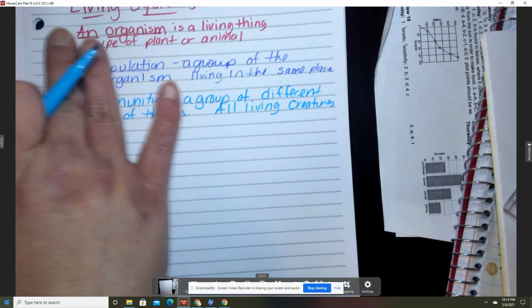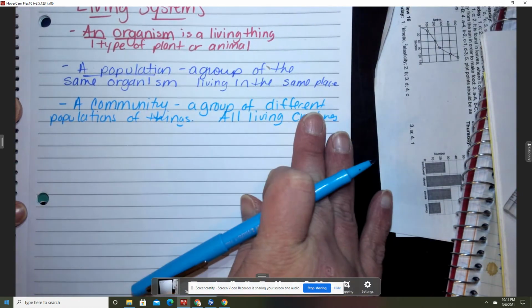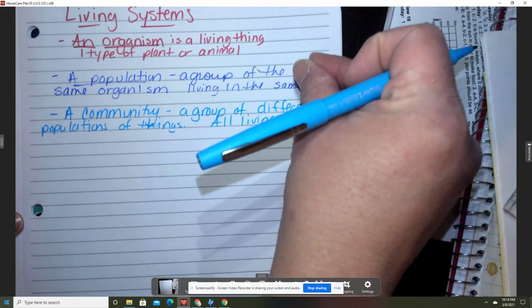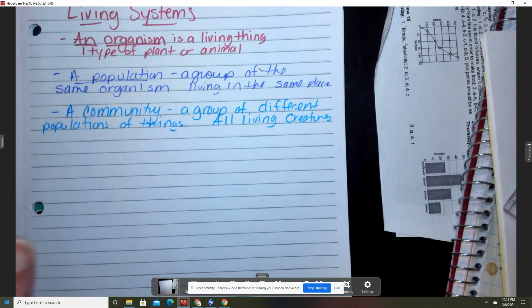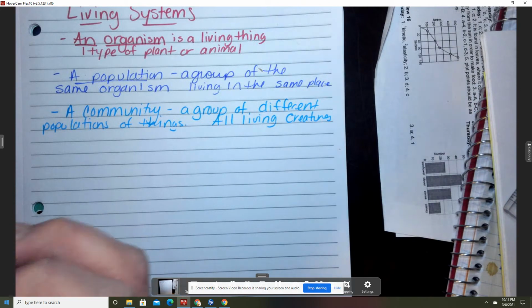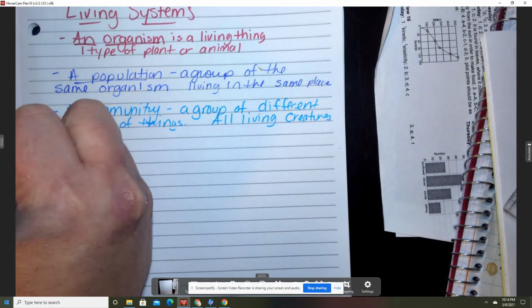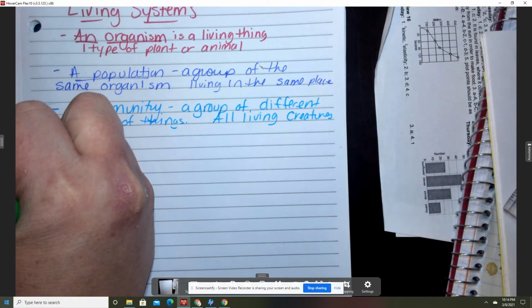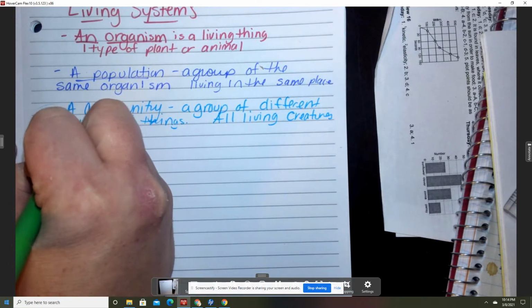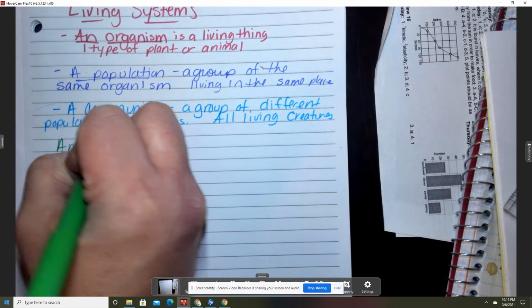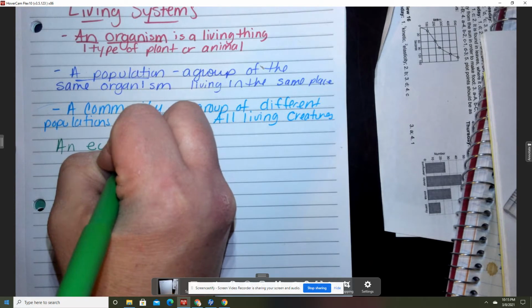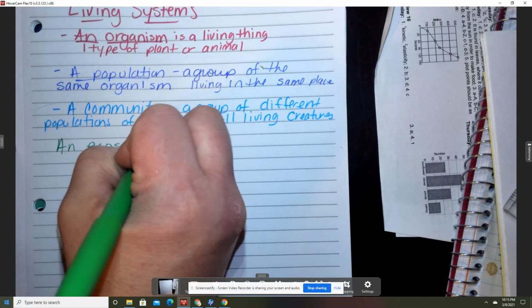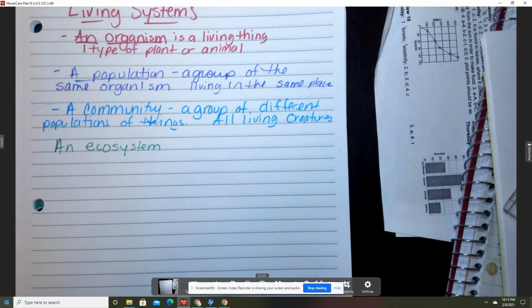So then you've got the organism, the population, the community. So you're small, you get a little bigger, you're really big, and now we're going to get huge. And so the next thing is, let me change colors here, an ecosystem, right? The best way to sum up an ecosystem is all of the living and non-living things in an area.